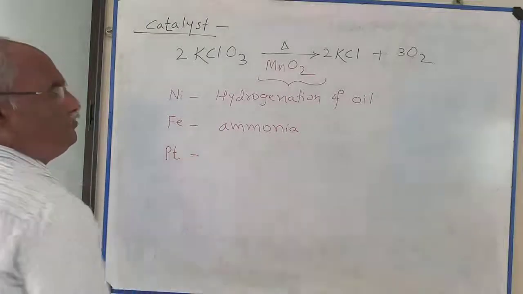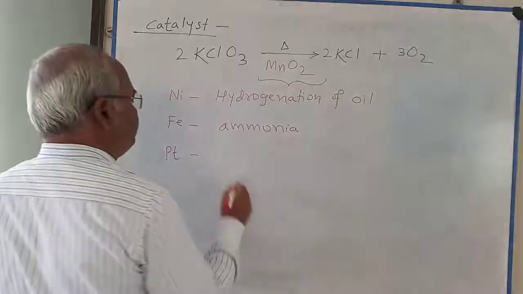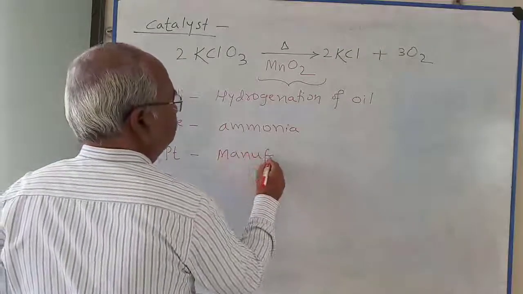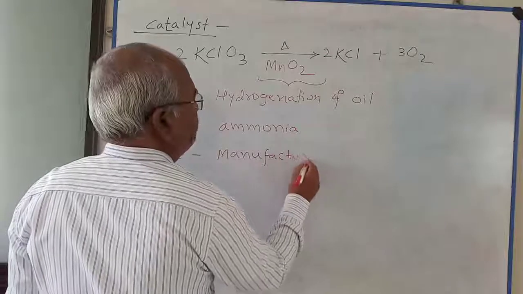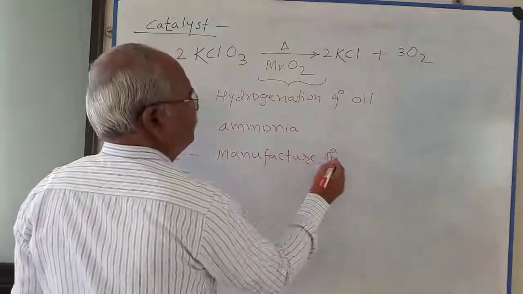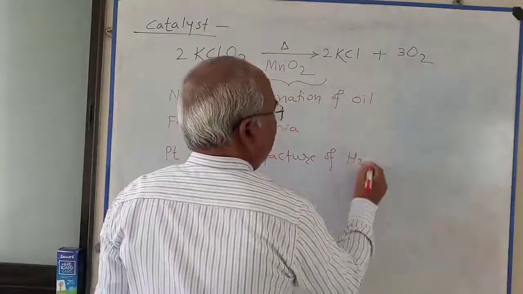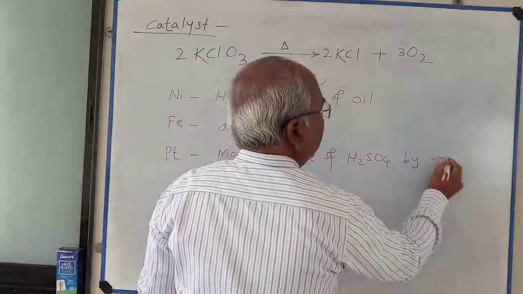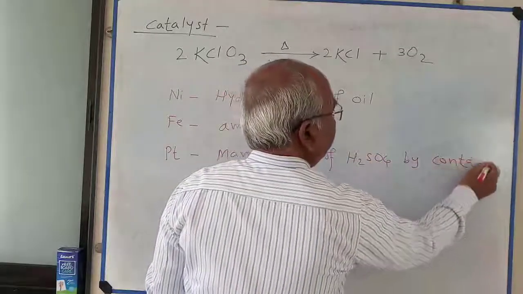Platinum is used as catalyst in the manufacture of H2SO4 by contact process.